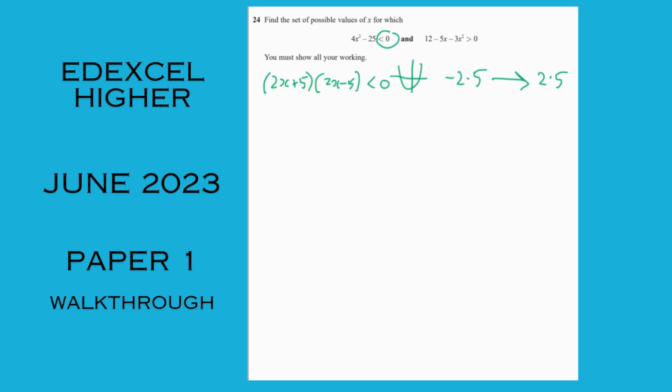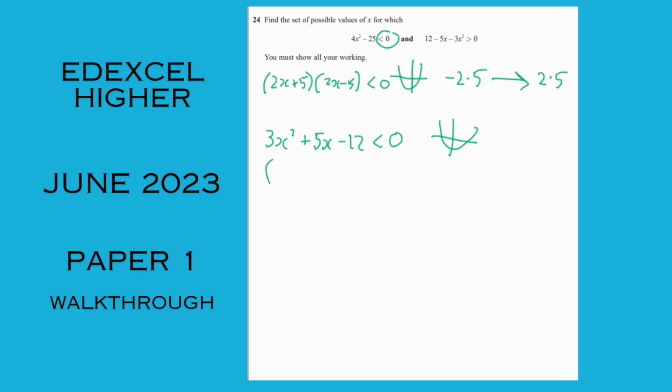Second bit, I don't like factorising minus x squareds, so I'm going to multiply everything by negative 1. So all the signs change, but particularly the inequality changes. I also like that because, again, like the one above, I do prefer it when it's between the solutions.